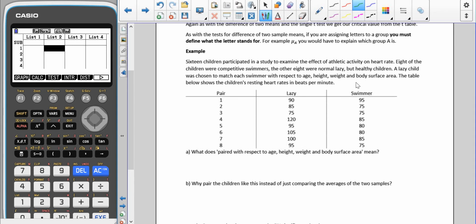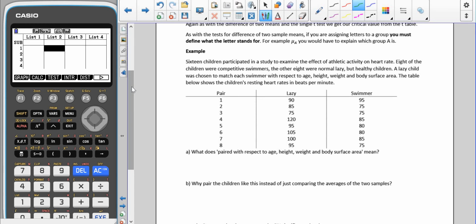And we're going to talk a little bit later on about why this was important to do when we get onto the experimental design section. But that means that we have paired data because each of these swimmers has been paired with someone who was similar to them. So here we have the table that shows the children's heart rates in beats per minute. And we can see there we've got pair 1, pair 2, pair 3 and so on.